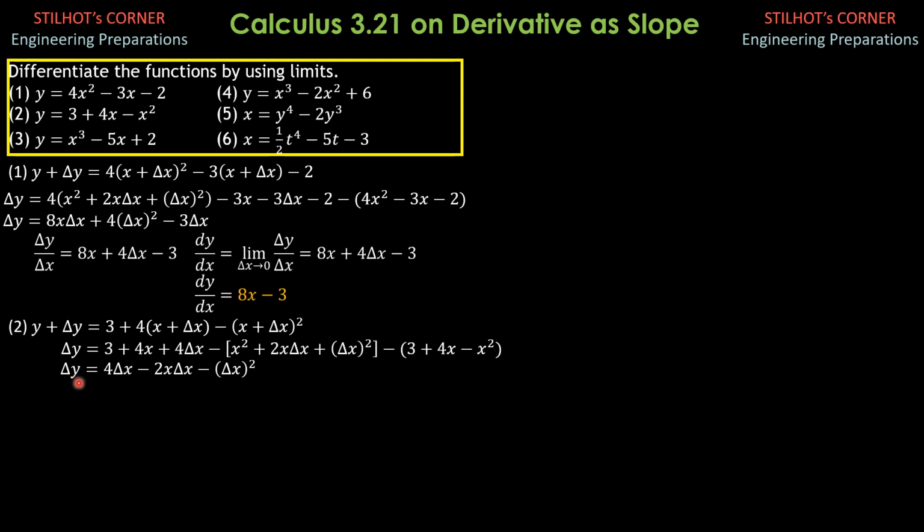So dividing everything by delta x, delta y over delta x equals 4 minus 2x minus delta x. Then dy dx, the derivative of y with respect to x, is the limit of this ratio as delta x approaches 0. And it is equal to 4 minus 2x because delta x is 0.